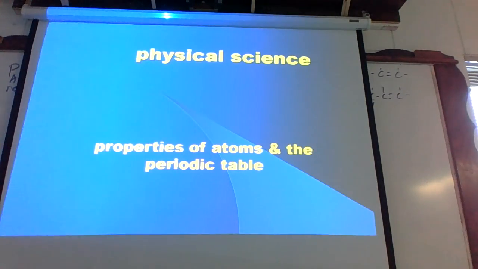Does anyone know what they are? Protons, neutrons, and electrons. Okay, what's the difference, besides naming of those, between those subatomic particles? One's neutral, one's positive, one's negative. Okay, that's true. Which one's which? Proton is positive. Yep. Neutron's neutral. Yes. Negative, the only one that's left.